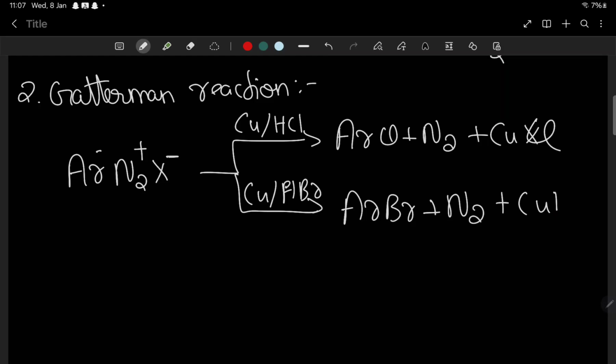So this is the Gattermann reaction. I already explained this in the haloalkane and haloarene part, so I won't explain much. Just learn this reaction. It's not about rote learning; you should understand that when you see this reaction, it is Gattermann, where we get haloarene, and Sandmeyer, where we get haloarene or cyanide. They can give the reaction directly, or give the name of the reaction with options for the reactants or products. For that you learn.